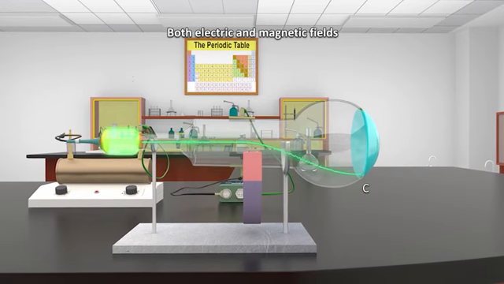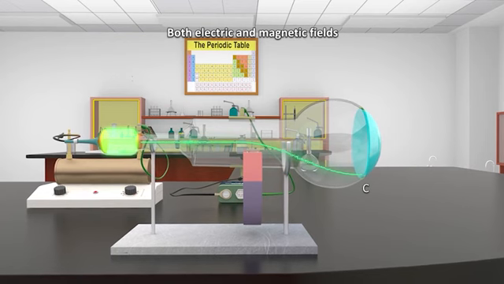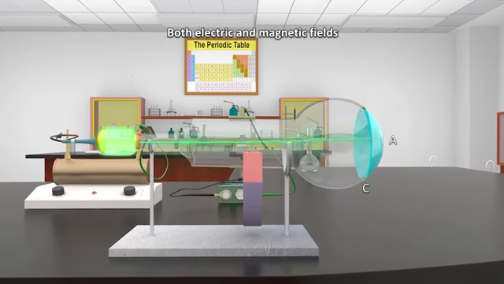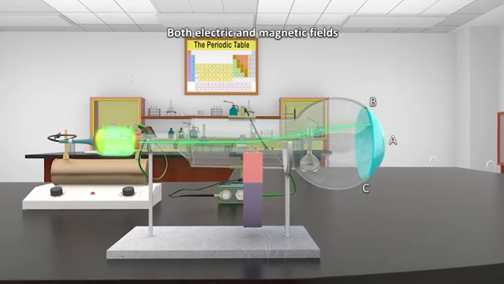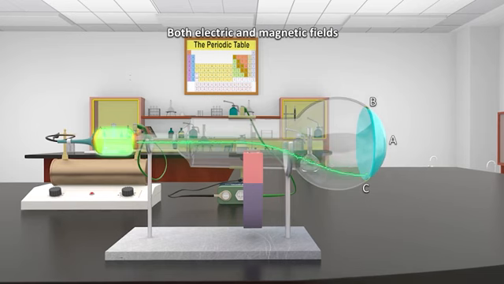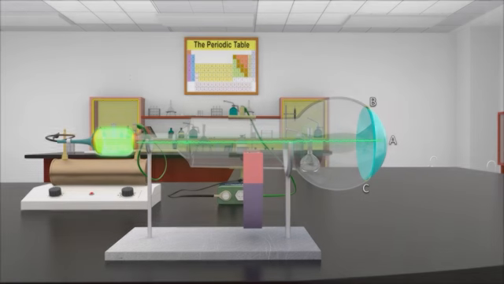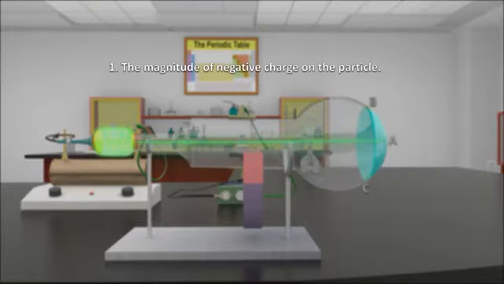When both electric and magnetic fields were applied perpendicular to each other and to the path of the cathode rays, the rays showed deviation. Thomson observed that the amount of deviation of cathode rays depended on three main factors. 1. The magnitude of negative charge on the particle.